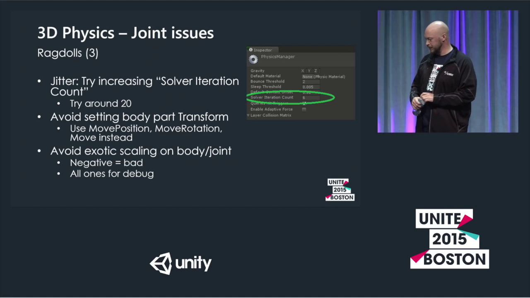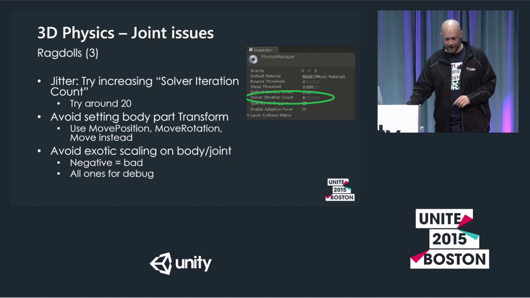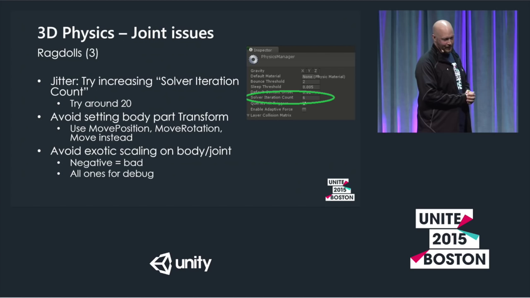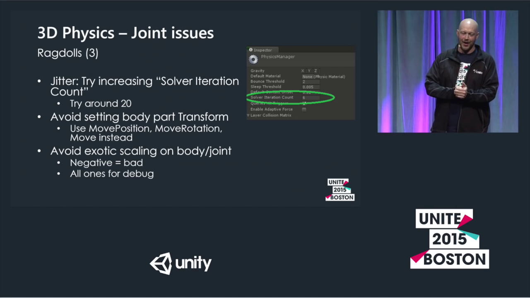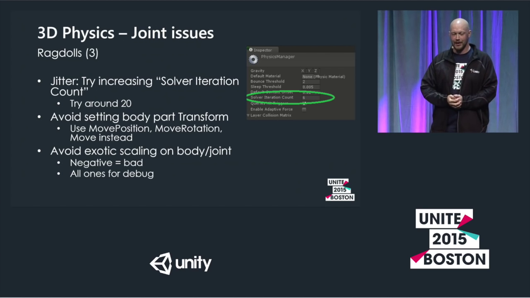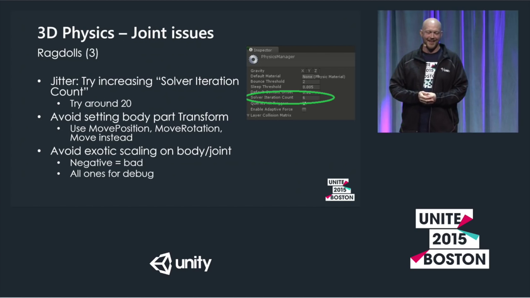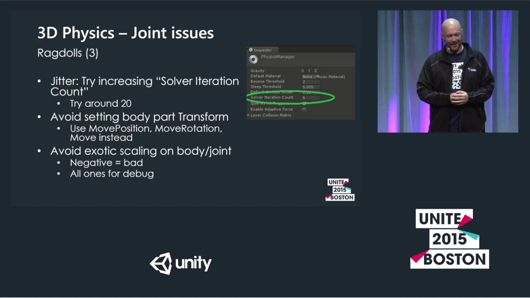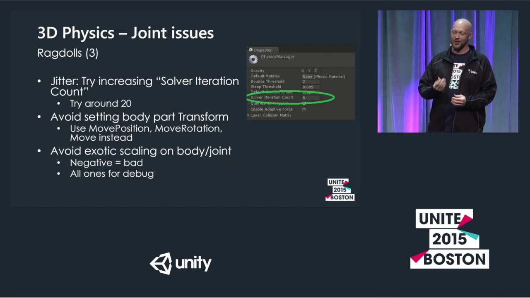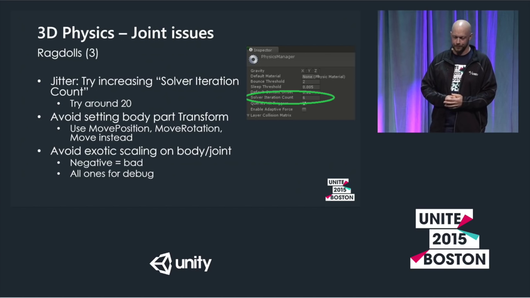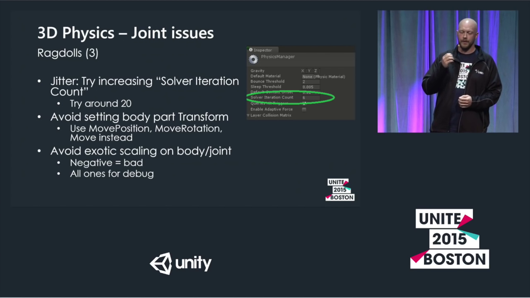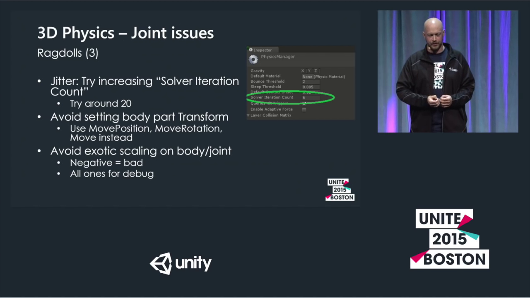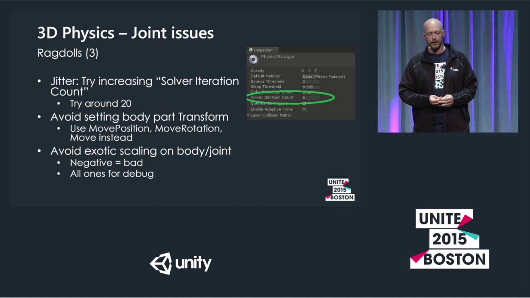Sometimes when I create a pile of 20 men and play around with them, they don't like it. They start jittering everywhere. What you can do to help that situation, again, is edit the physics manager and set the solver iteration count up. We have also seen that make a difference.